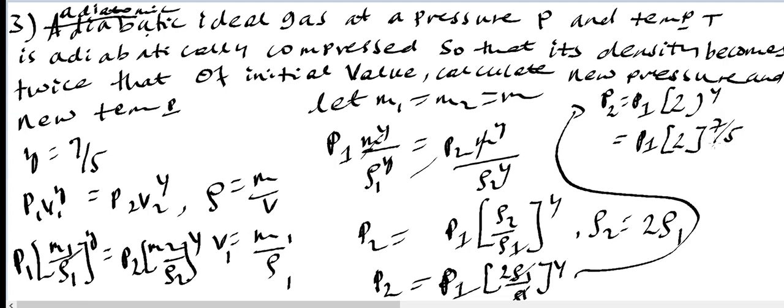That comes to about 2.6, so P1 times 2.6. Therefore pressure 2 is 2.6 times pressure 1.